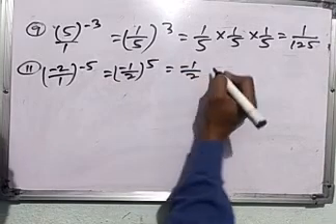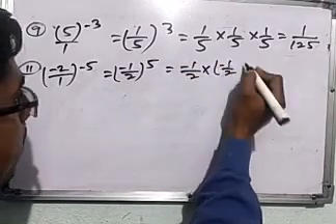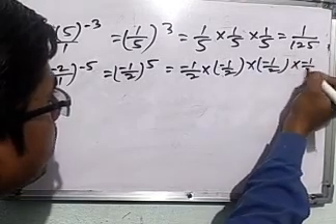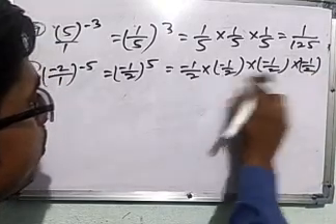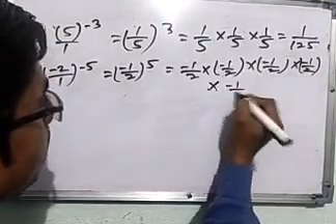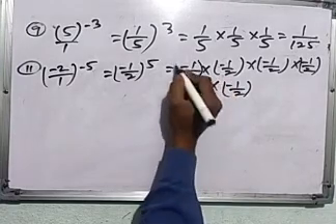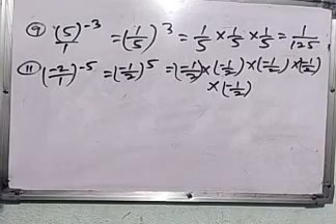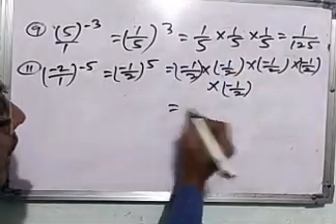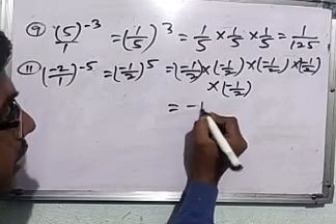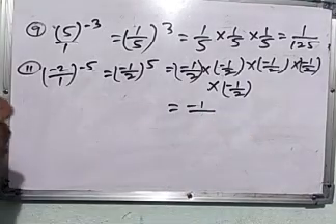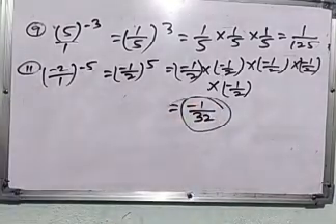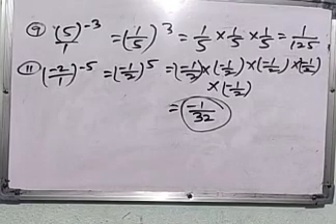So here you write minus 1 by 2 into minus 1 by 2 into minus 1 by 2 into minus 1 by 2 into minus 1 by 2, 5 times. If you multiply 1 into 1 into 1 into 1, minus 1 into minus 1 into minus 1 into minus 1, we get minus 1. And 2 2 is 4, 4 2 is 8, 8 2 is 16, 16 2 is 32. So your rational number is minus 1 by 32.